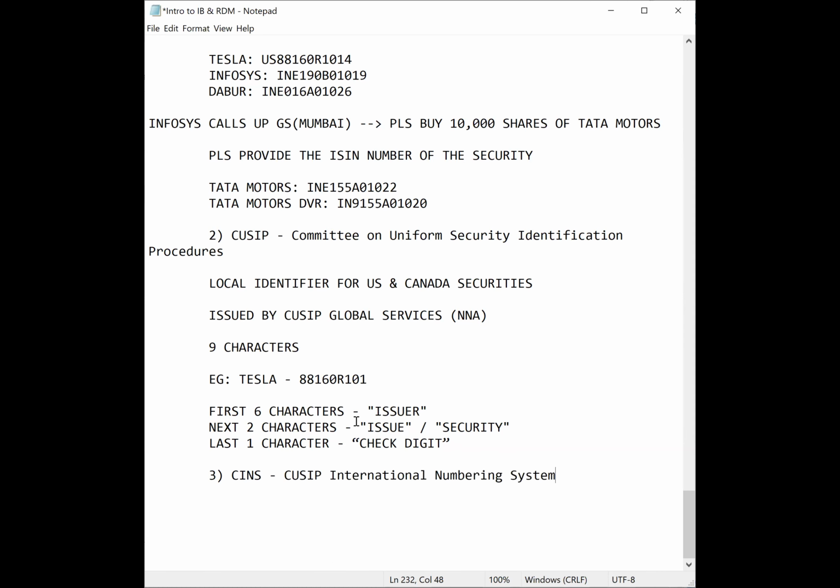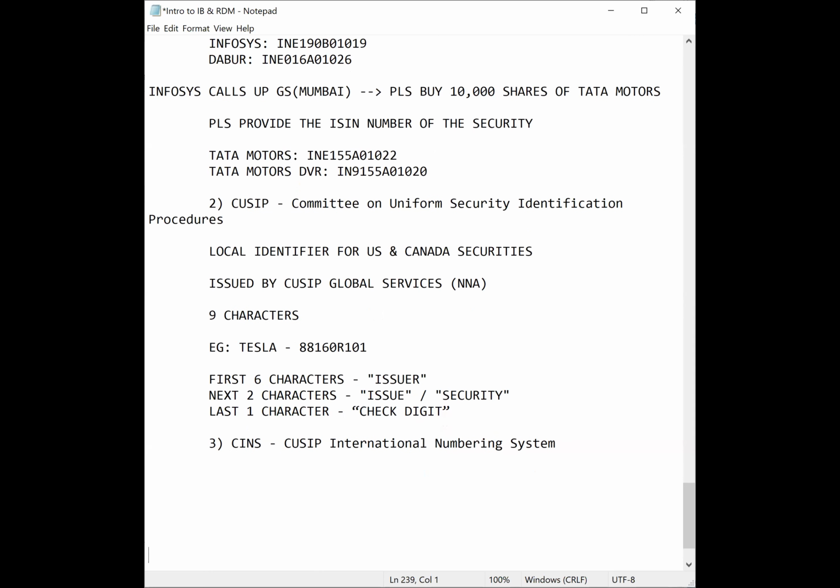Third one, we have CUSIP International Numbering System, CINS. This is nothing but an extension of CUSIP.